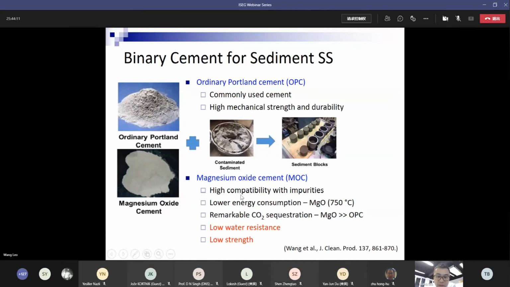This cement has high compatibility with some impurities because it can provide sufficient hydroxide, and during production it has low energy consumption, and during the curing it can absorb a lot of CO2 in the system. But it also has some disadvantages such as low water resistance and low compressive strength. So we want to combine them together to utilize the advantages and overcome the individual drawbacks.